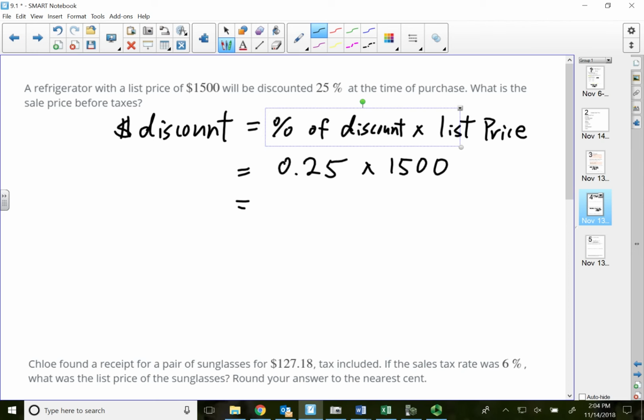If you put it in a calculator, it should be $375. What this number means is this is my what? This is my discount price. How much money I am not going to pay.